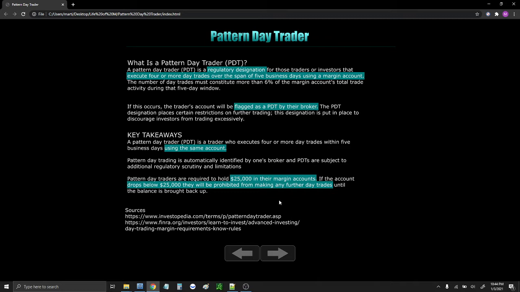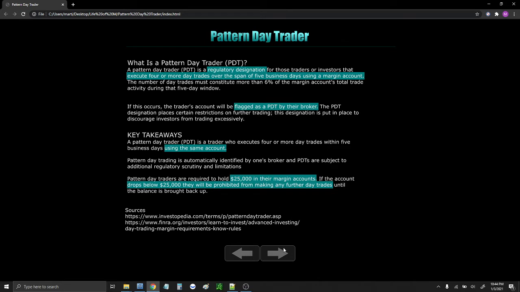If you execute any transactions and in the middle of that transaction your account falls below $25,000, your account will be flagged to be subjected to the pattern day trader rule. So just keep in mind that if you fall below the $25,000 threshold, you will be subjected to it.